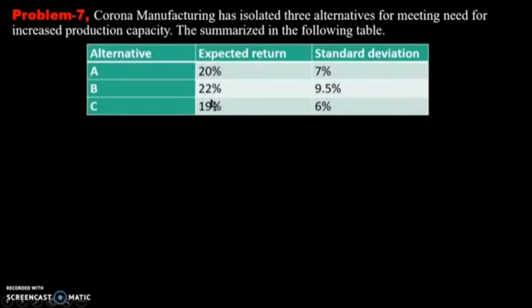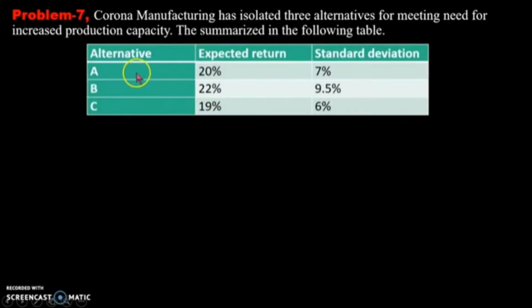This is problem number 7, and using this problem we have to calculate the coefficient of variation. Corona Manufacturing has isolated 3 alternatives for meeting a need for increased production capacity, summarized in the following table.